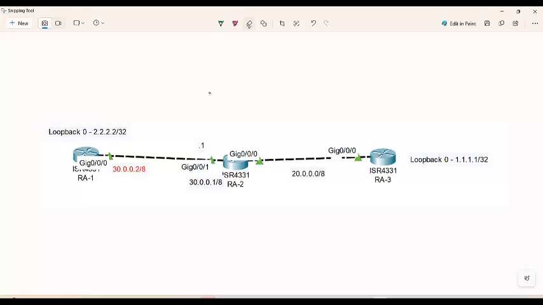So go with a routing protocol when you have limited knowledge of topology, when the topology is big, and whenever you want fast convergence. It is good to go with routing protocols rather than static routes.